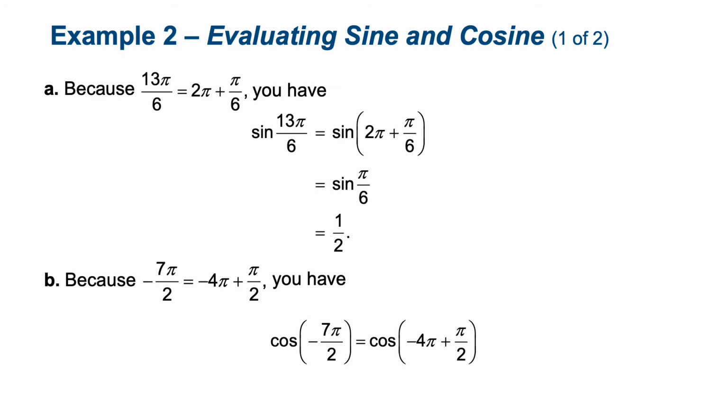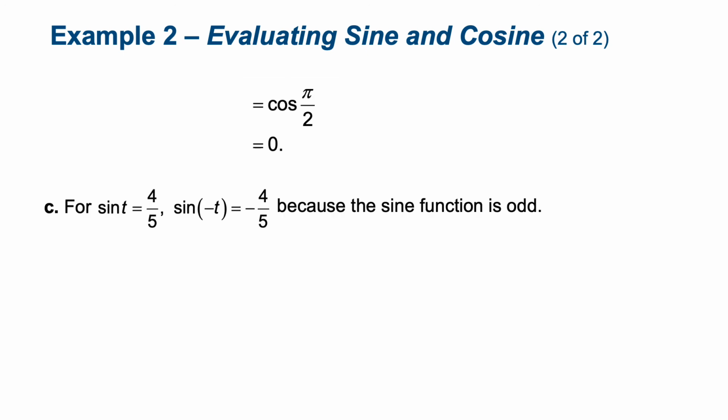Let's say here for negative 7 pi over 2, we could rewrite this as negative 8 pi plus pi over 2. This negative 8 pi is just going around 4 times in the negative direction, so it's coterminal to pi over 2. So cosine of pi over 2 is just 0.